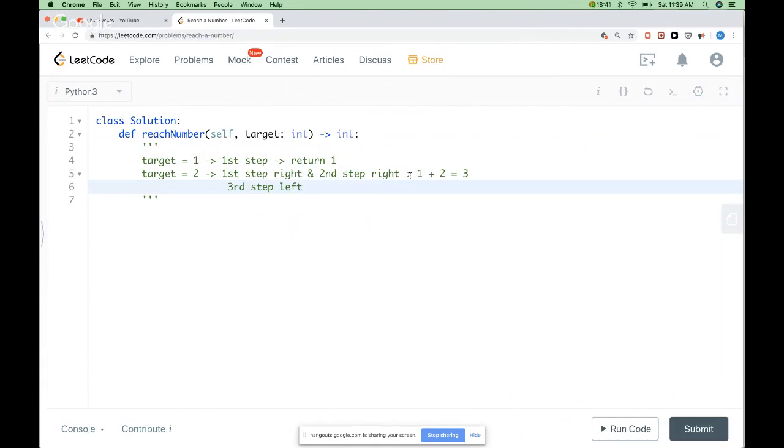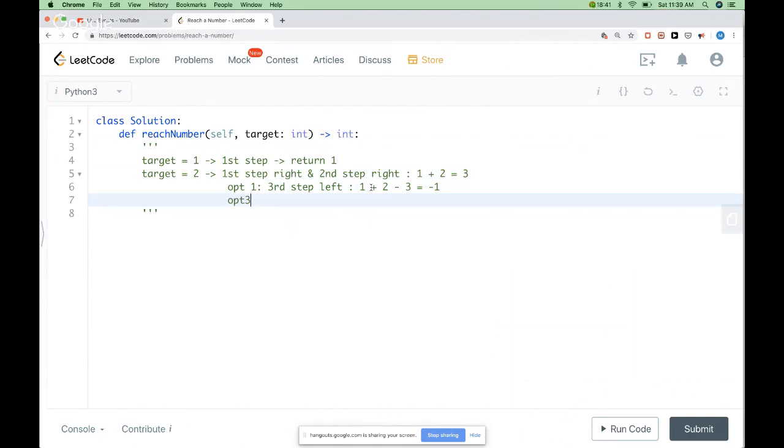That would mean we get 1 plus 2 minus 3, which will give us minus 1. So that doesn't seem to lead anywhere, really. So this is one option. We're just exploring to see how we can solve the problem.